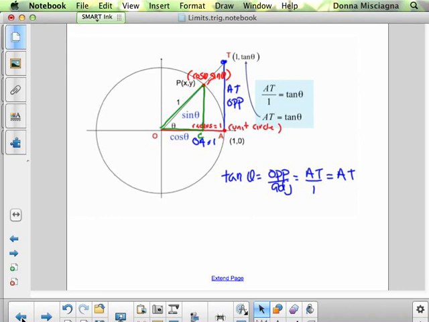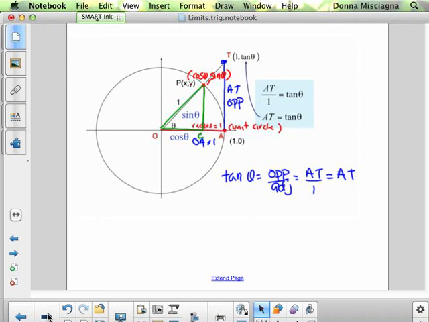The trig ratios for similar triangles are exactly identical, because trig ratios are just the ratio of the sides. They're not dependent on the size of the triangle. So tangent theta in the green triangle would be the same as tangent theta in the red and blue triangle, the larger triangle OAT.